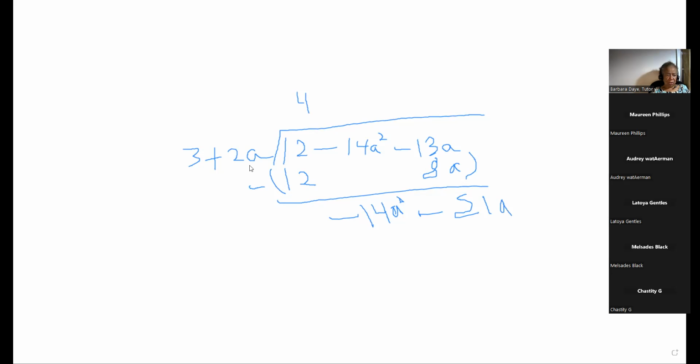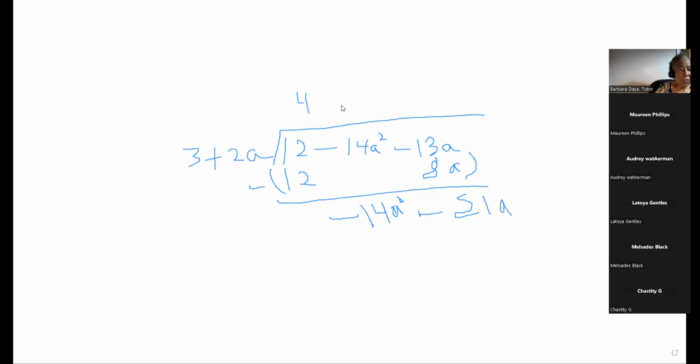But if you put the 2a plus the 3a in that order, then you take the 2a into minus 14a squared, that is minus 7a. And I think that was the answer that they gave you, right?